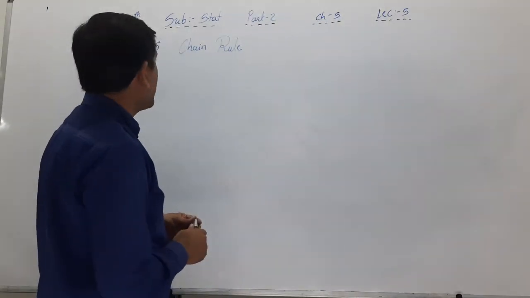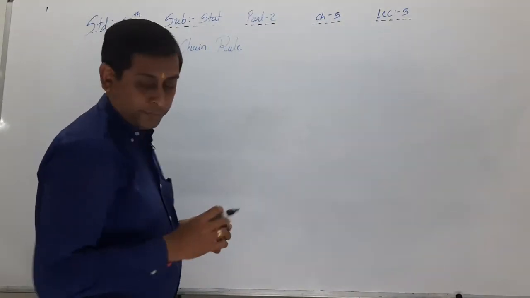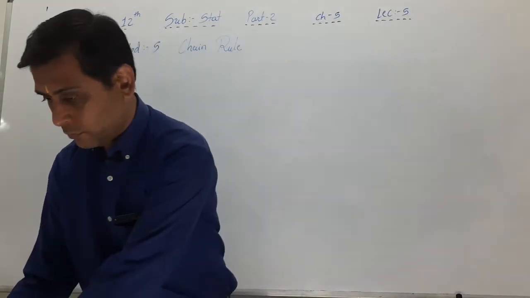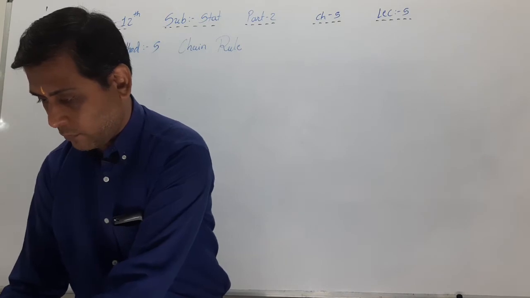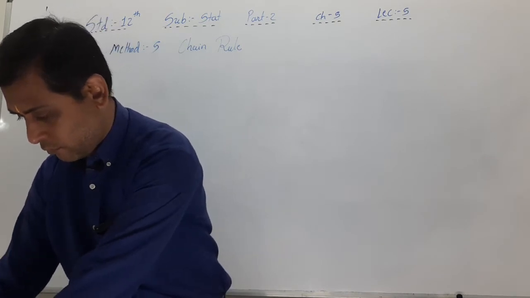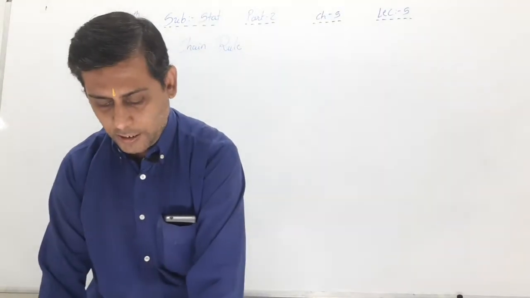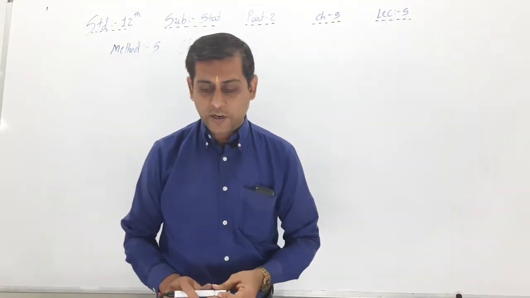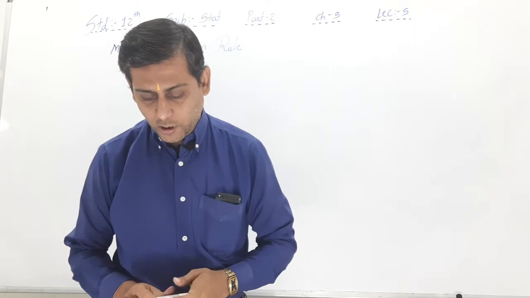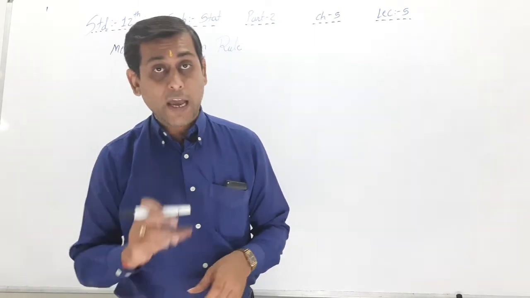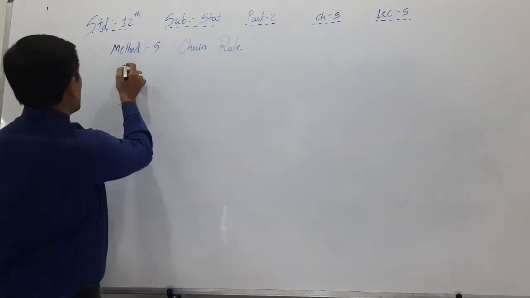See, what is that? See here, you have to write this first thing. If y is a differentiable function of u and u is a differentiable function of x, then you have to write that particular one line.